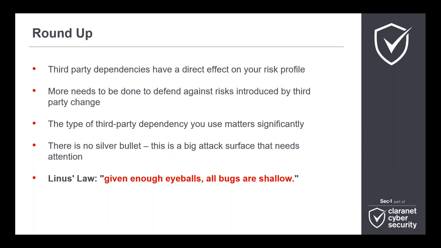You don't want to review the entire source code for Linux, but you probably do want to review a small package. More needs to be done to defend against risks introduced by third-party change, because we're seeing a lot more dependency reliance. And as mentioned, the type of third-party dependency used matters significantly.